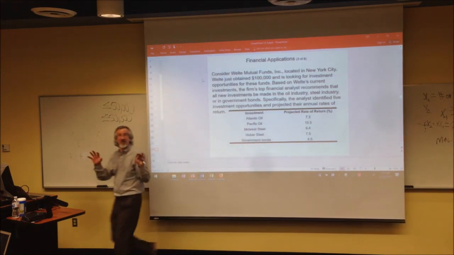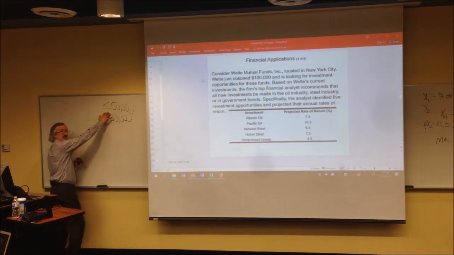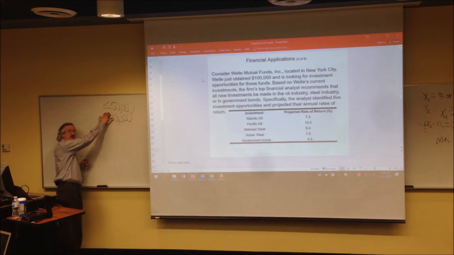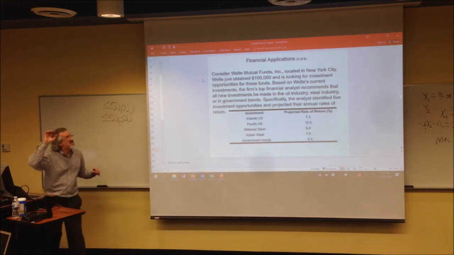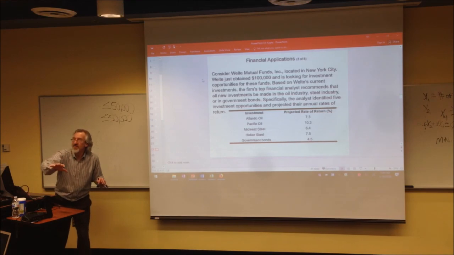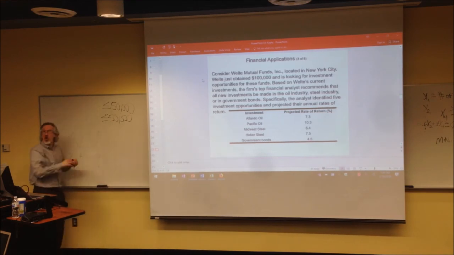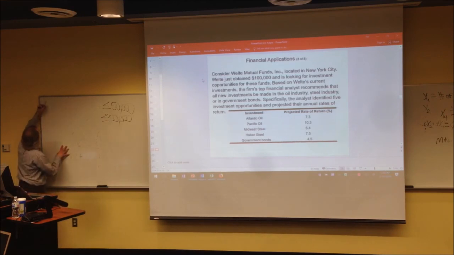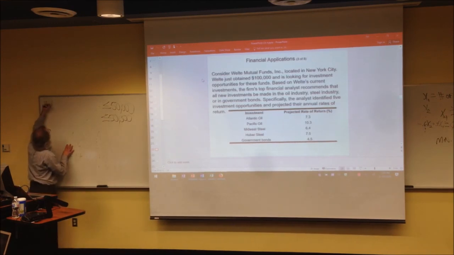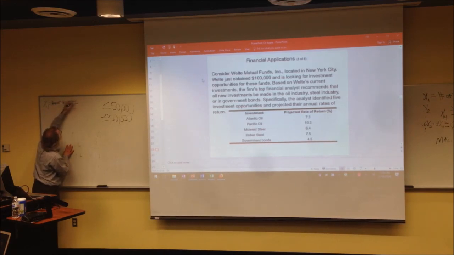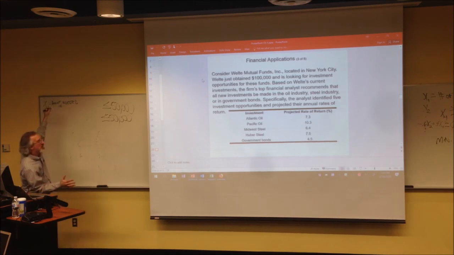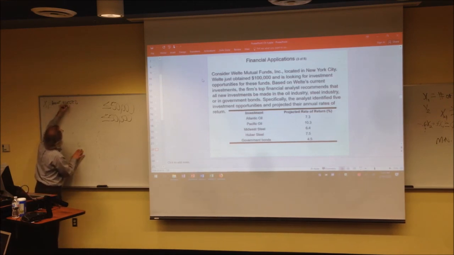Now, let's look at this. It said, don't put any more than 50,000 in the oil industry. This left-hand side is going to represent the amount we're going to invest in oil. Let's define one variable. X1 equals the amount invested in Atlantic Oil.